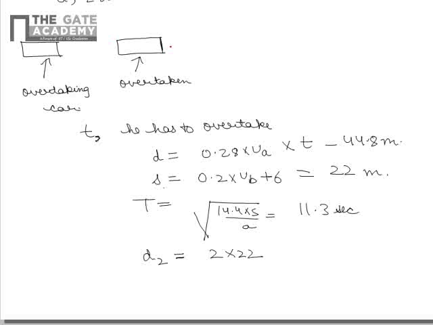Say after some time capital T, this car shifts like this, the overtaken car comes here and this is the overtaking car. Now this operation starts at small t, when the driver decides that now it's time to overtake.